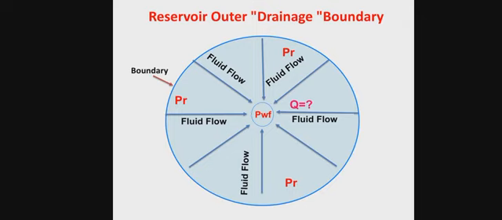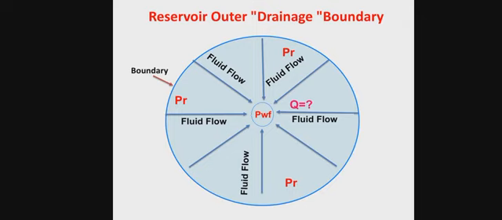That means the radius in the reservoir that is affected by the flow, where you notice a pressure drawdown. So our main focus as a reservoir or production engineer is to calculate the flow rate of the fluid or of the oil from the reservoir to the production line.